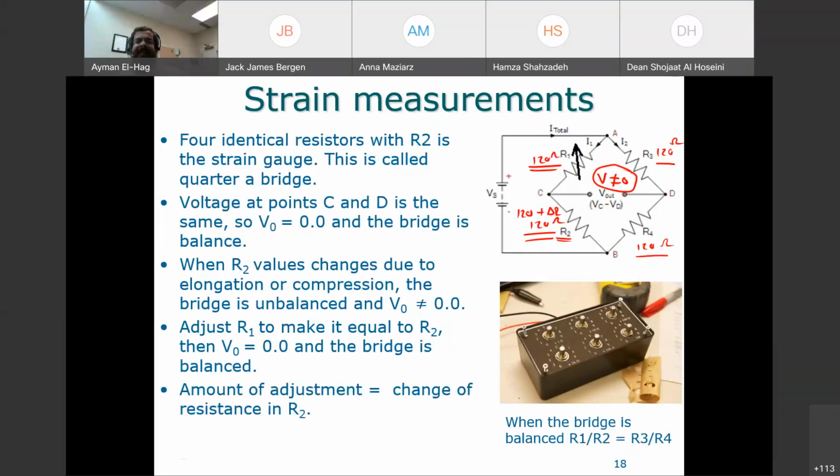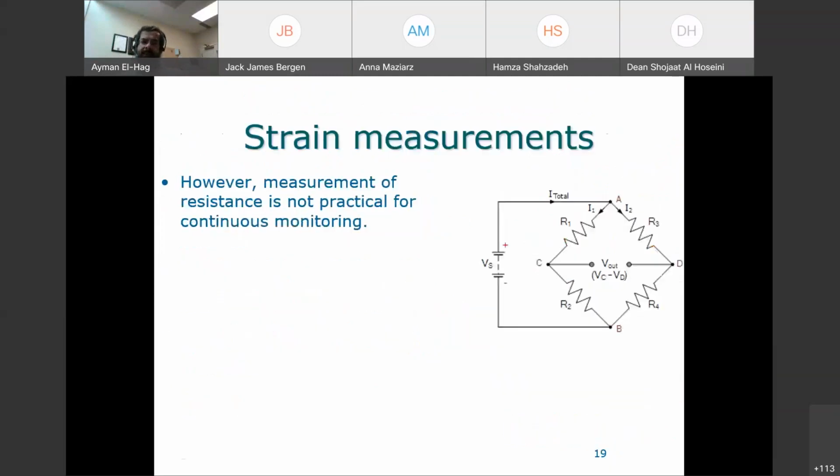But again, this is not practical. Why is it not practical? It means that someone has to sit there and do the adjustment every time there is a stress. Remember, our strain gauge is installed somewhere in the site.